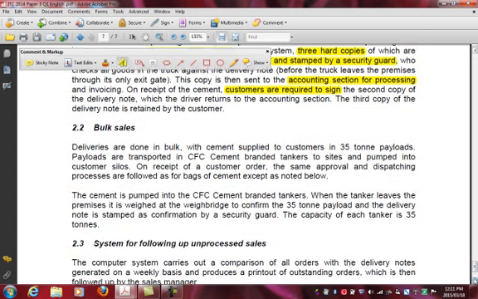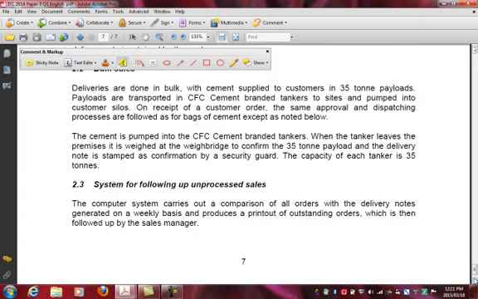For bulk sales, deliveries are done in bulk with the cement supplied to customers in 35-ton payloads. Payloads are transported in CFC cement branded tankers to sites and pumped into customer silos. On receipt of a customer order, the same approval and dispatching processes are followed, except as noted below.